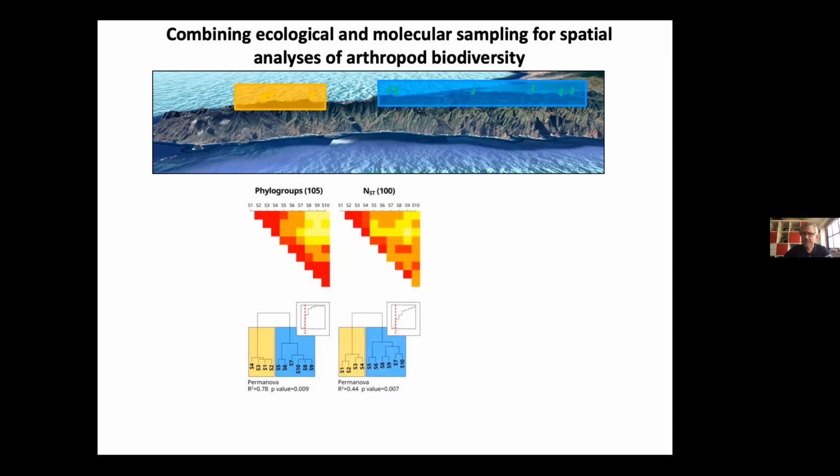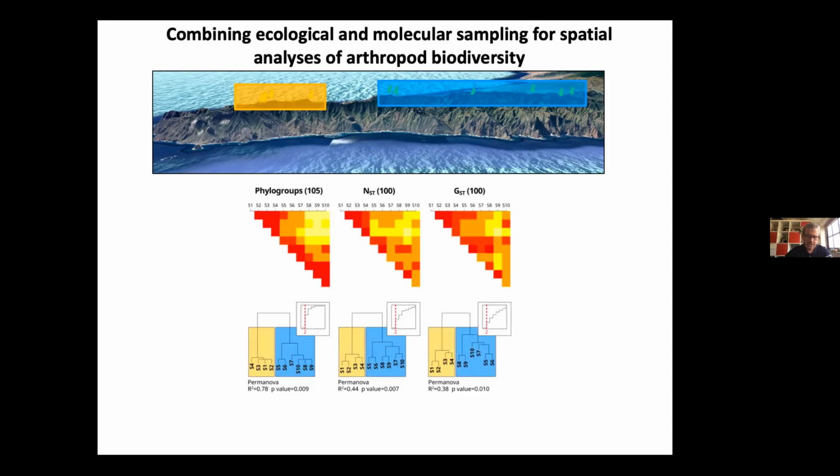Even with less informative indices of population structure, we find the same pattern repeated. So looking at NST values within species and GST values within species, the same structuring occurs and is equally significant. And even just looking at individual haplotypes across all species and the extent to which they're shared or not among sampling sites, the same pattern emerges.